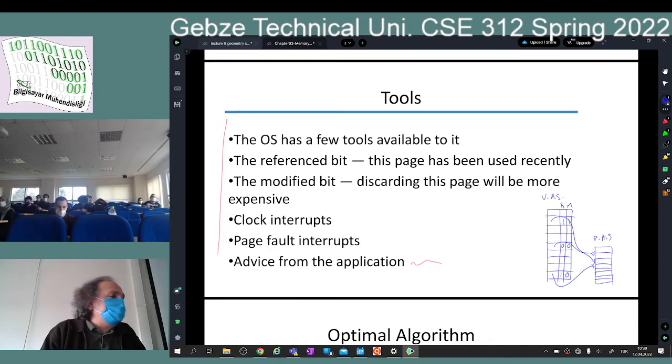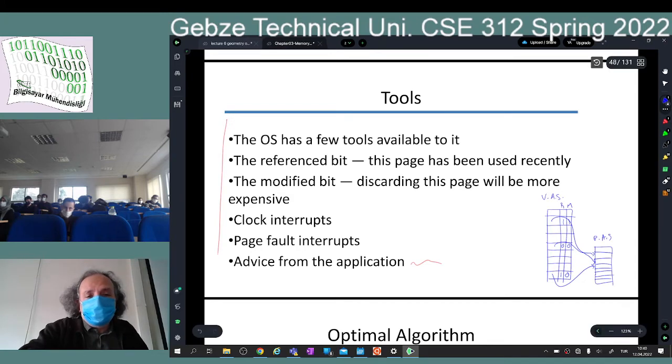Of course, who is going to handle the interrupt? Operating system. The operating system comes in and says, okay, there is a page fault, and I'm going to handle this. And those page fault interrupts will be our tools too, because they will tell us how many times page faults are happening with our system and who is causing those interrupts. So they are very useful for collecting statistics about our paging system.